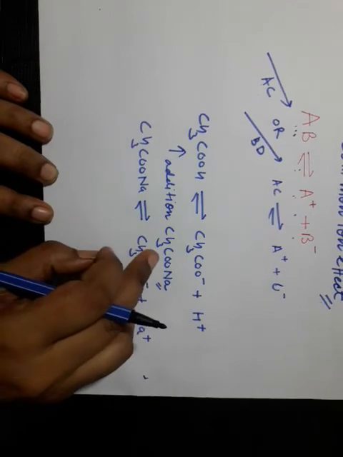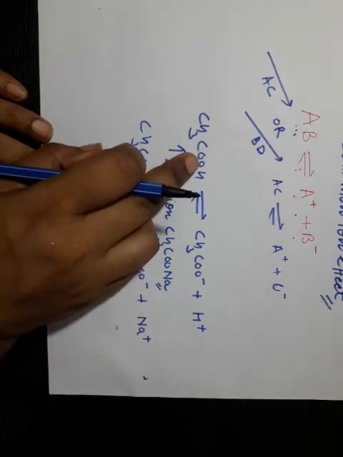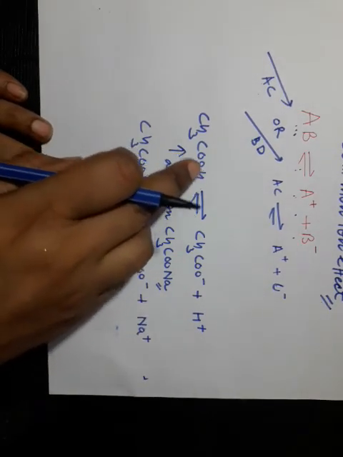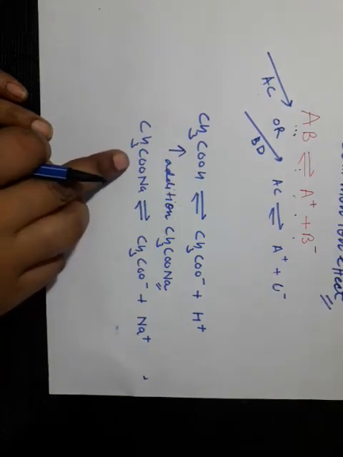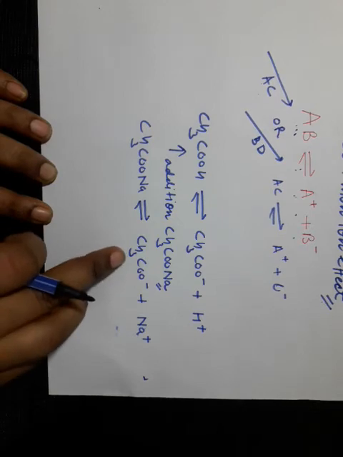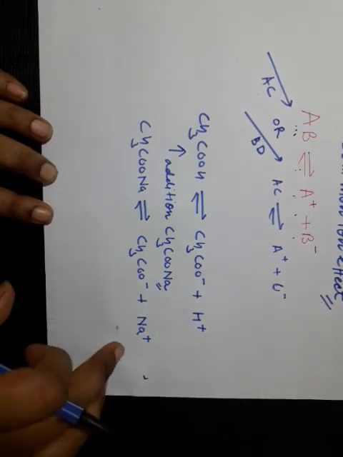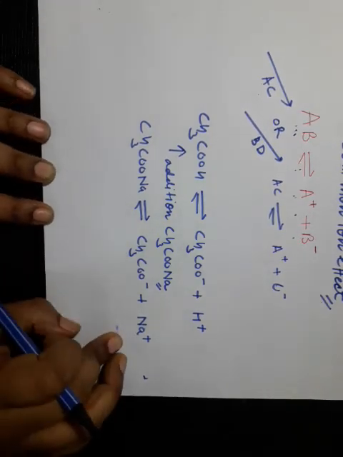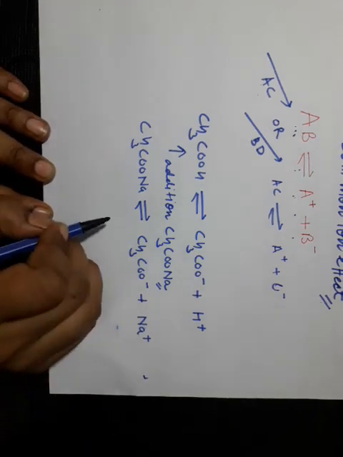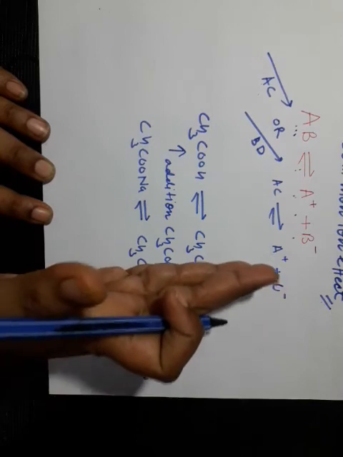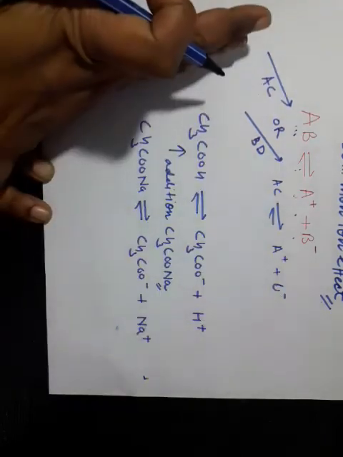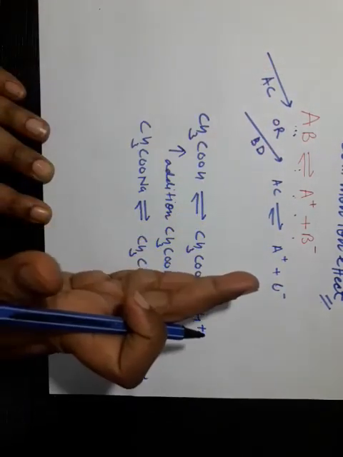When acetate is added to that solution, which is acetic acid, a weak electrolyte, the salt dissociates completely into acetate ion and sodium ion. When it dissociates, acetate ion concentration is increased and the reaction goes in the backward direction. That is the common ion effect.